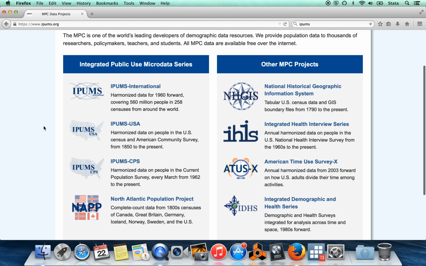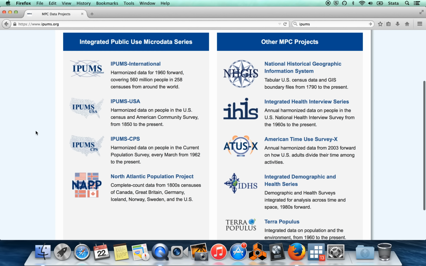So for example, if you're using data from the 1960 census and the 1970 census, if they contain the same variable, then you'd really like for it to have the same name in those two data sets. So what they've done at IPUMS is harmonize the data, making it so that the variables have the same name if it's the same variable. And they code responses the same way across different censuses.